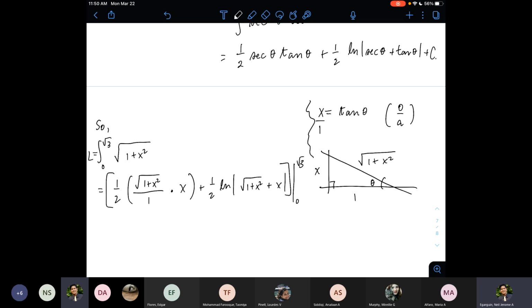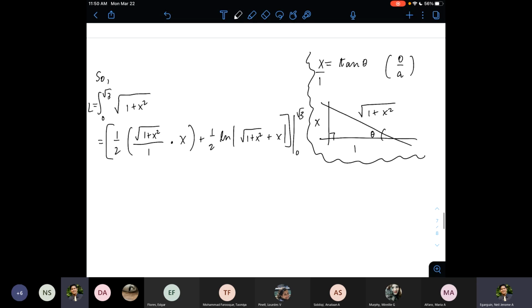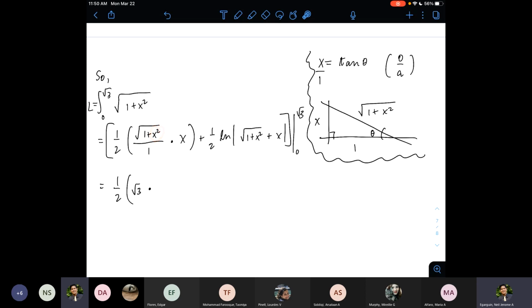Okay, and so we plug in root 3. So I'll have 1/2 times root 3 times, if you plug in root 3 here, 3 plus 1, that's 4. Root of 4 is 2. So I think that's it for the first term.